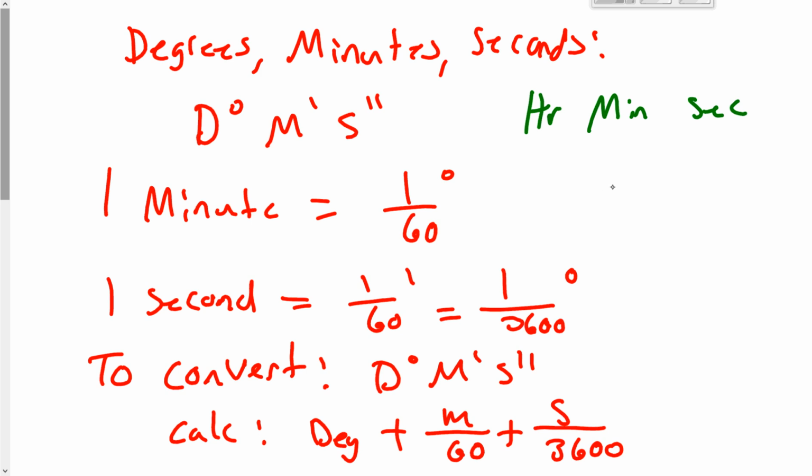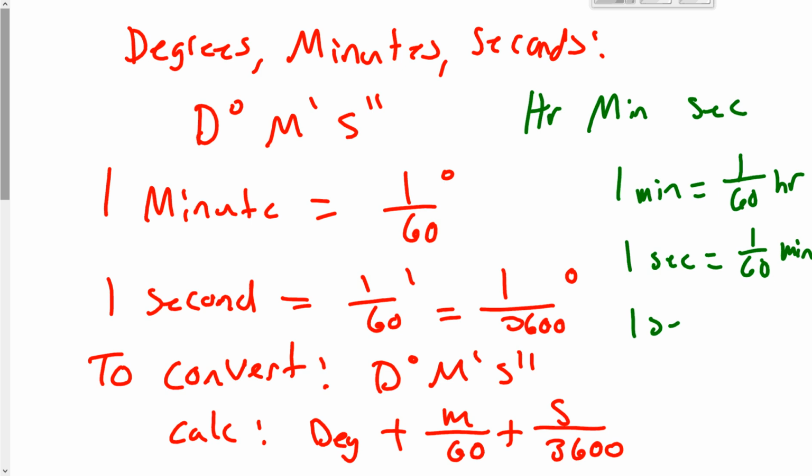So that means 1 minute would equal 1/60th of an hour, right? And 1 second would equal 1/60th of a minute, and 1 second would equal 1 over 3,600 hours, right? That's what 1 second would be.